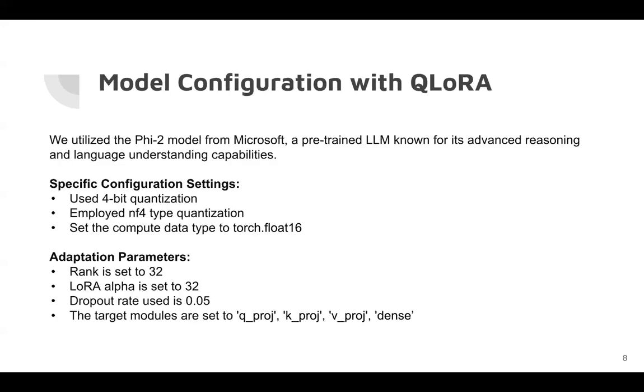So here we look at the model configuration with QLoRA. Configuring the V2 model involved setting up QLoRA adaptations specifically tailored for the task of summarization. We used 4-bit quantization to reduce the model's memory footprint.